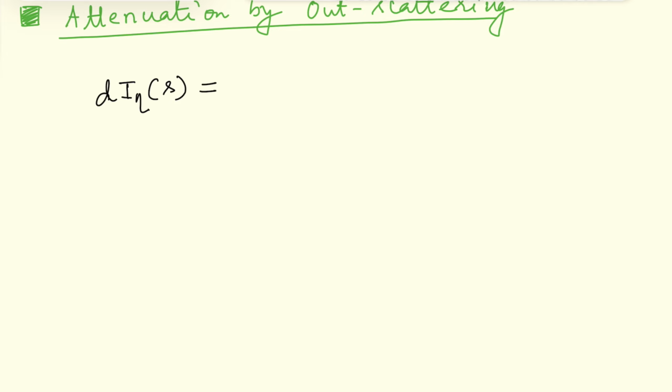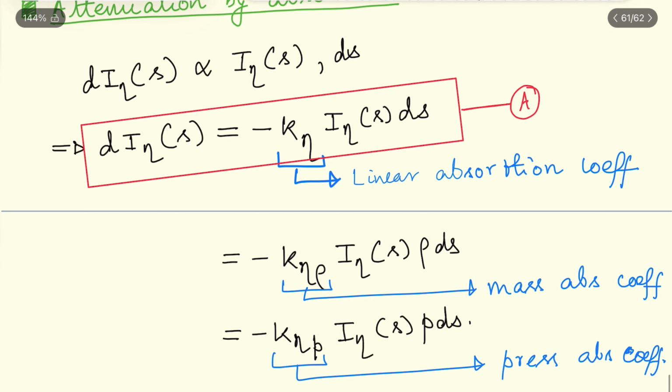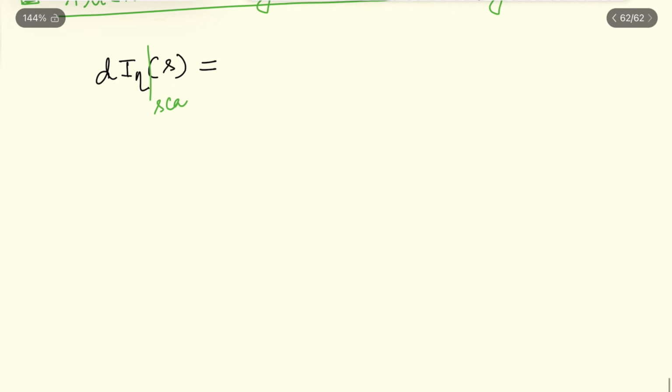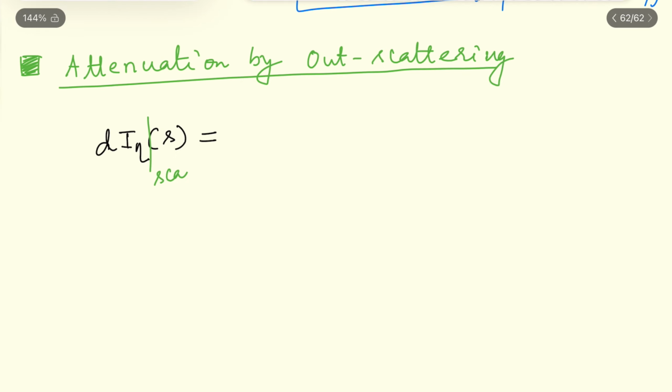To be very specific, this can have a subscript abs, that is dIη due to absorption, and this is dIη due to scattering, sca. This is equal to minus σηs into Iηs into ds.